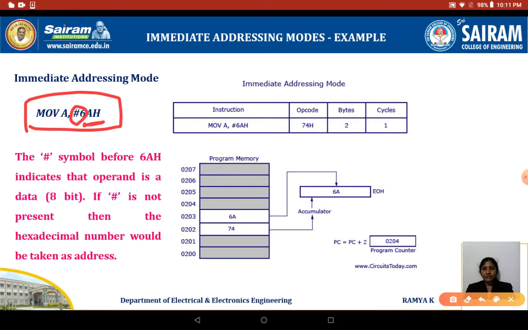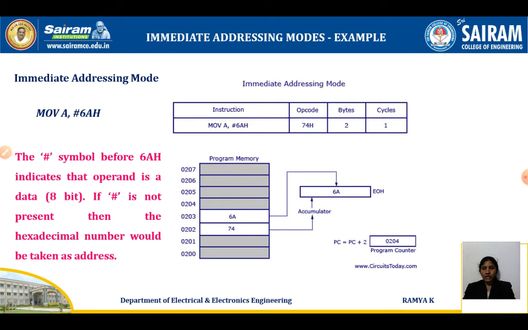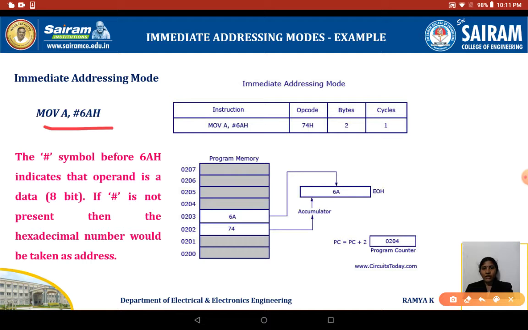MOV A, #6AH is your instruction. Your microcontroller will not understand what MOV A is, so it has to be mentioned in the opcode.